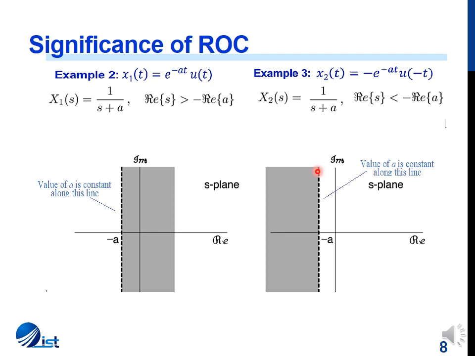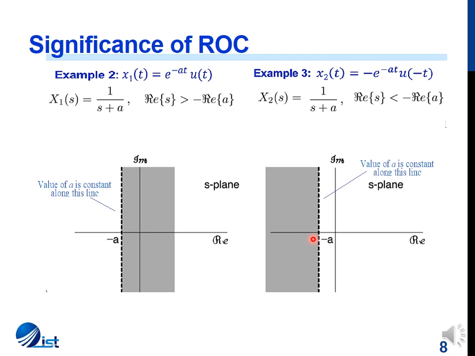And now our Laplace transform exists when our ROC is in the values which are less than real of minus a. So this is this plane, that is the range, or this ROC extends from minus infinity to minus a in the s-plane.